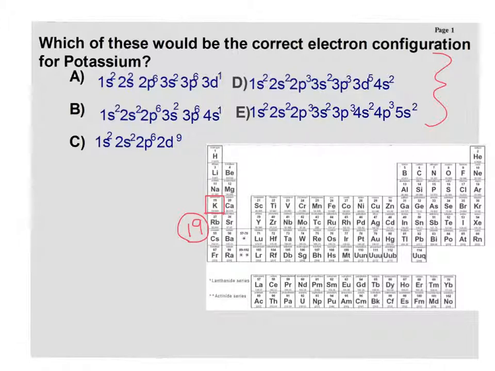In this particular case, though, you'll see that all of these add up to 19. So we need to use something else to solve this problem.